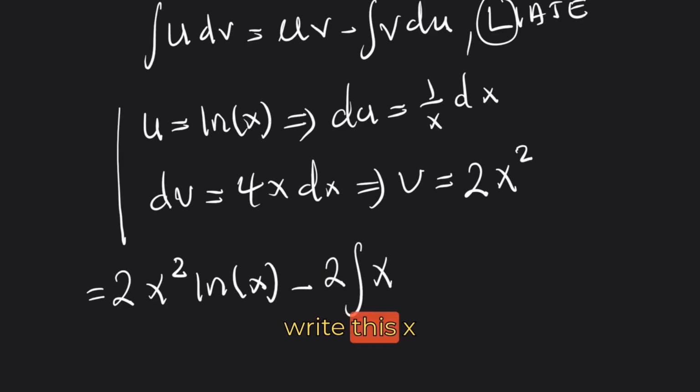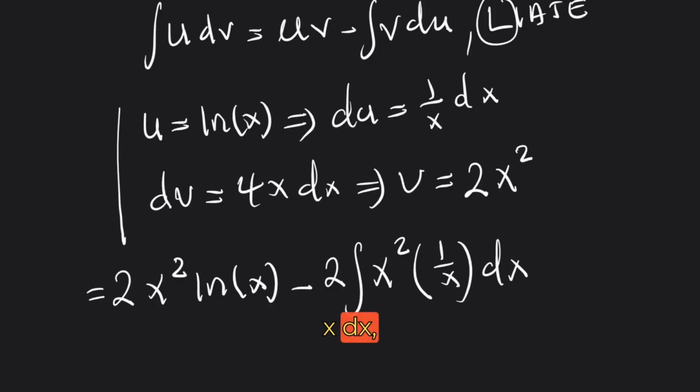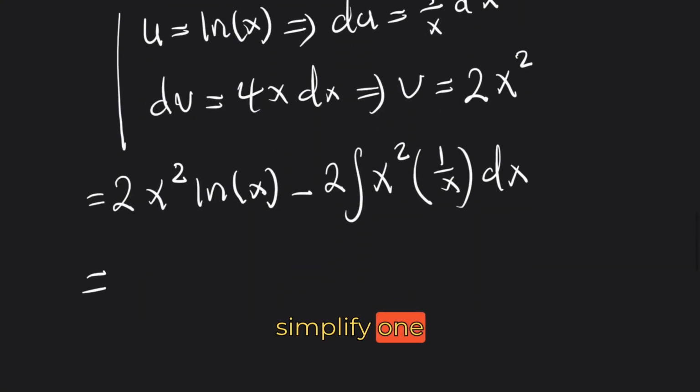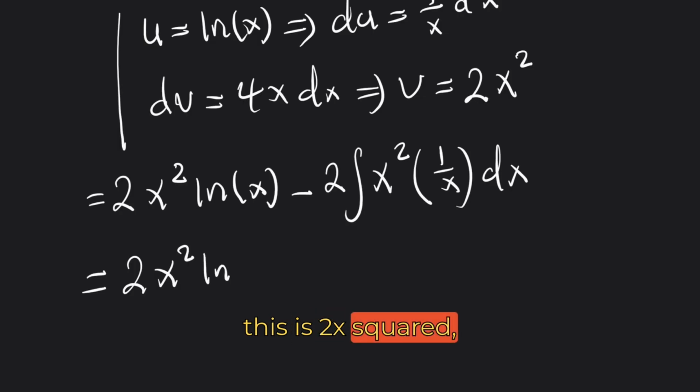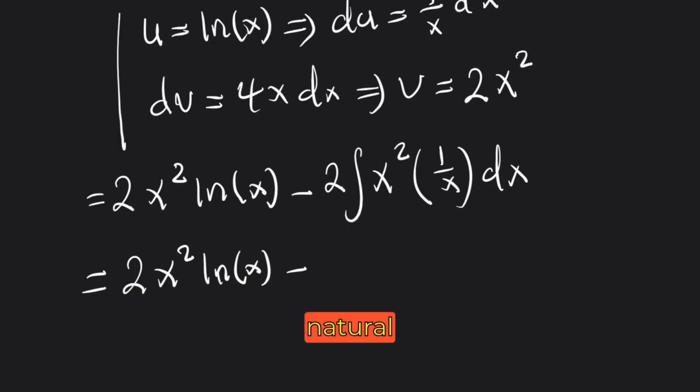Then I write this x squared, but remember there is 1 over x dx, right? Because our du is 1 over x dx. Then I can just simplify one more step before I integrate. So this is 2x squared natural log of x minus 2 outside. You know, x into x squared, we remain with x. So this is x dx.